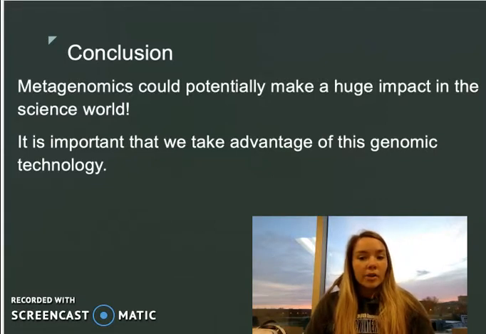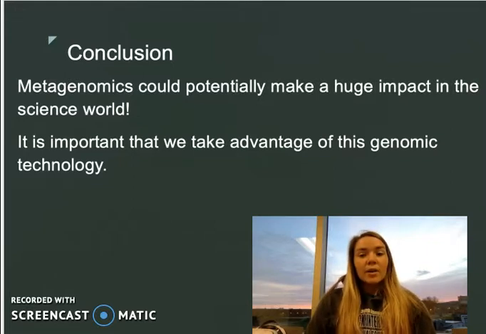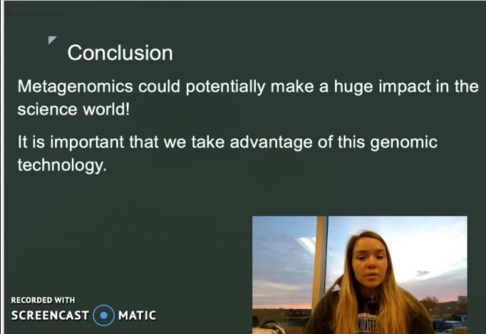All life on Earth relies on microbes, so it is to our benefit that we understand them to the fullest potential. By studying microbiomes, we have the potential to cure diseases, clean oceans, and make advancements in agriculture, along with several other positive impacts. It truly is an exciting time to be involved with science.